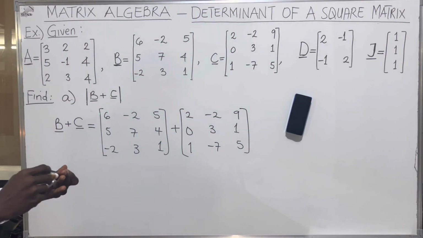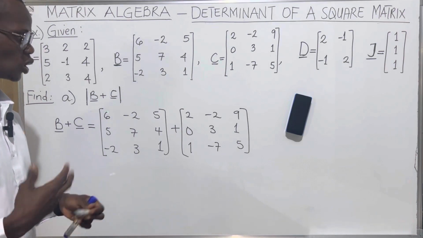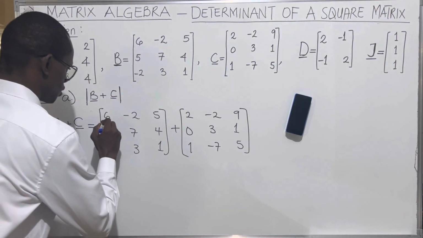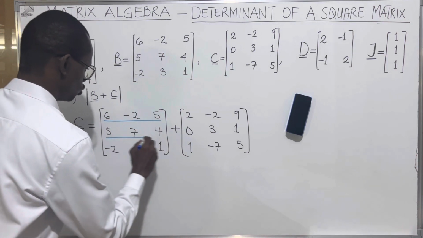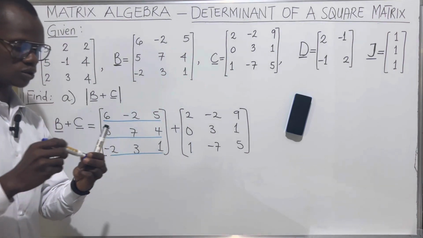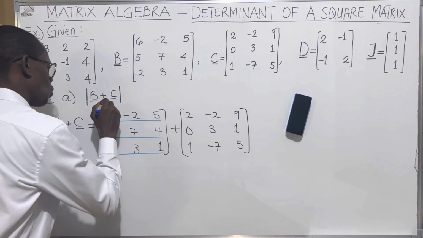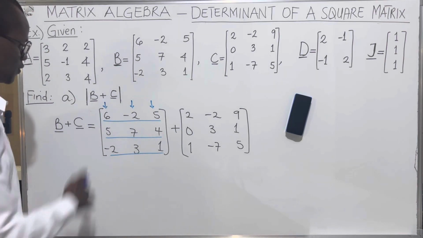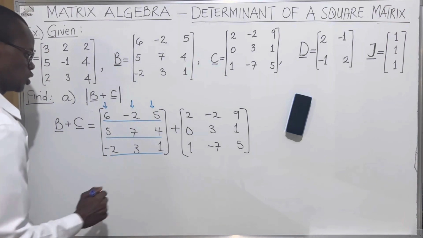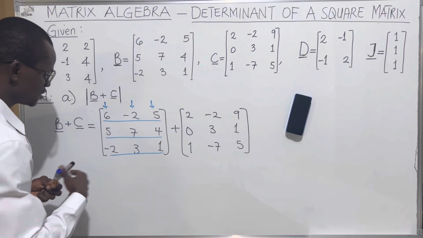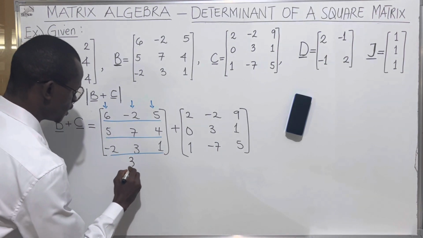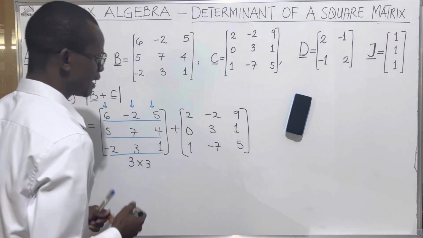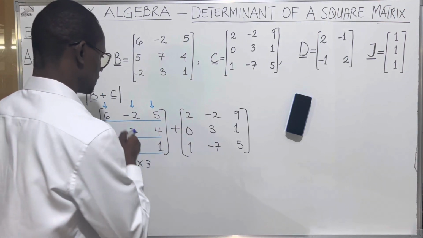And what do we refer to as rows and columns? These are what we call the rows. 1, 2, and 3 are our rows, and 1, 2, and 3 are the columns. So these are the columns and these are the rows. Here we have the dimension of this matrix to be 3 by 3. On this side, the dimension is also the same as the previous one.